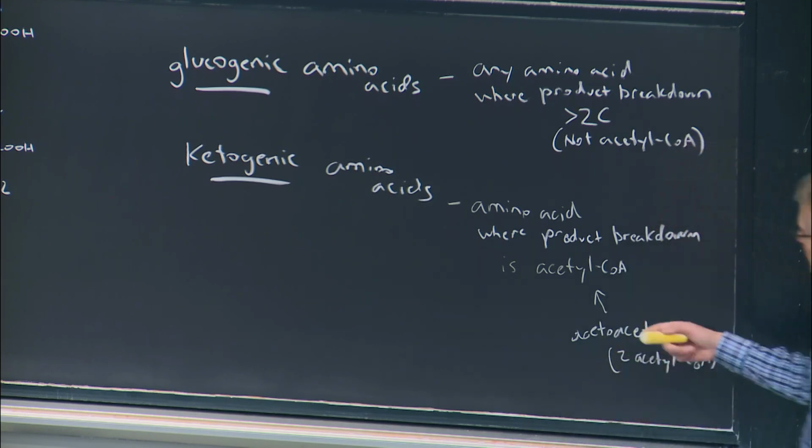Okay? So acetyl-CoA and acetoacetate can be turned into the ketone body, beta-hydroxybutyrate, an alternative fuel for the brain.